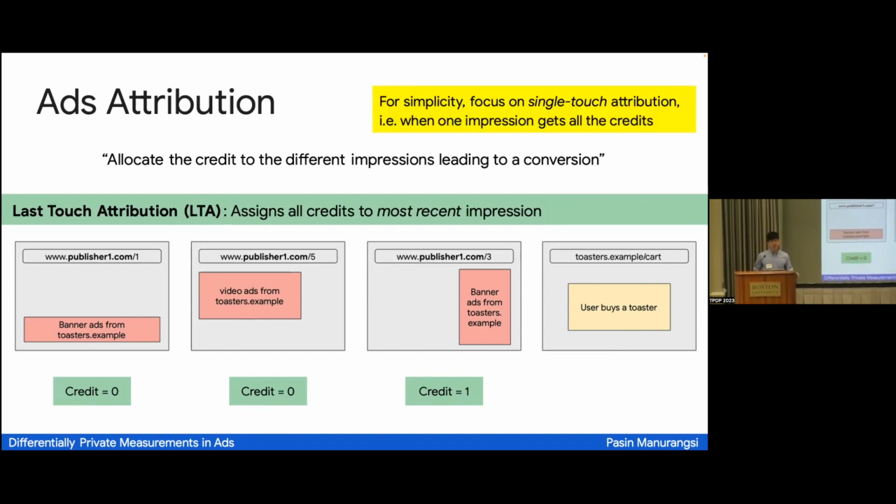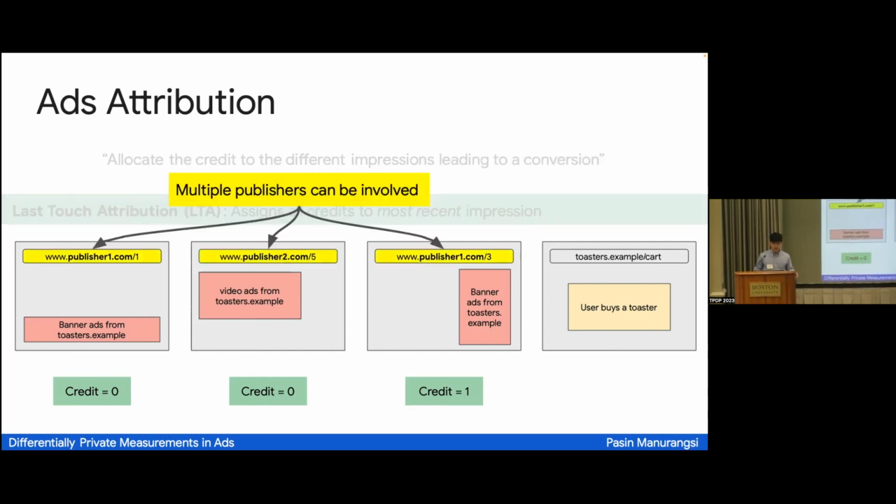For the simplicity of this talk, we'll be focusing on just single touch attribution. And in particular, for any concrete example, we will just use the last touch attribution, which is assigning all the credit to the most recent ad. Here I want to stress that even if we do single touch attribution, the attribution process can involve multiple publishers.